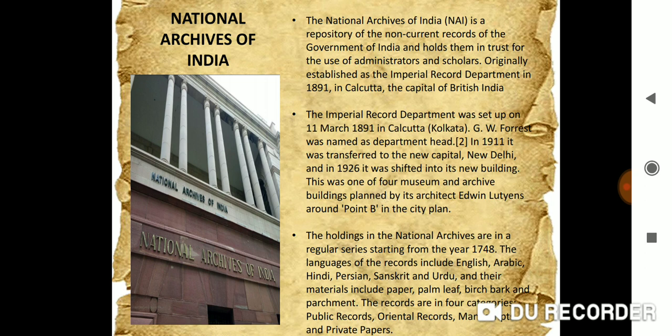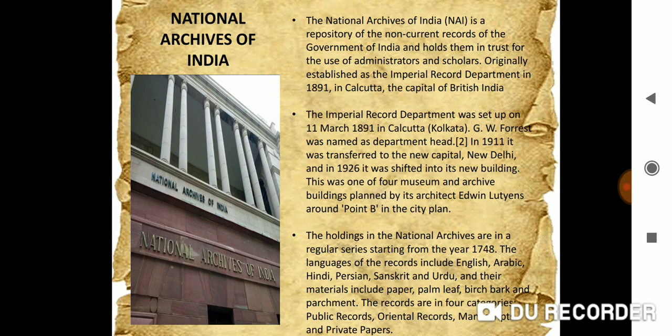This was one of the 4 museum and archive buildings planned by its architect Edwin Lutyens around Point B in the city plan. The planner of the buildings was the famous architect Edwin Lutyens. The British were very proper in maintaining the records. They maintained the records very properly.